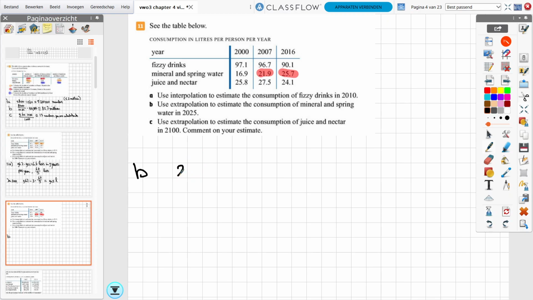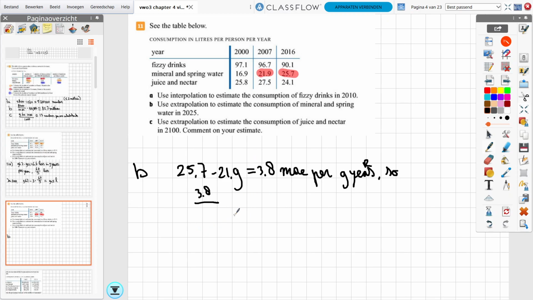Okay. First, what happens in 9 years? I have an increase this time of 3.8 more per 9 years. So you can say 3.8 over 9.